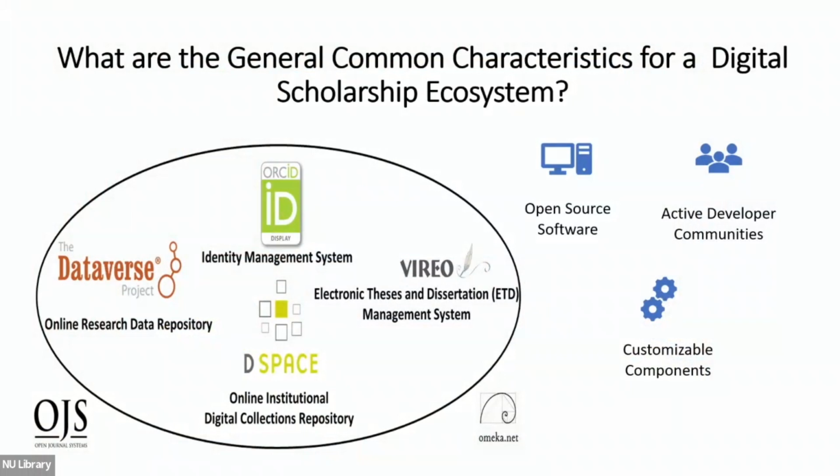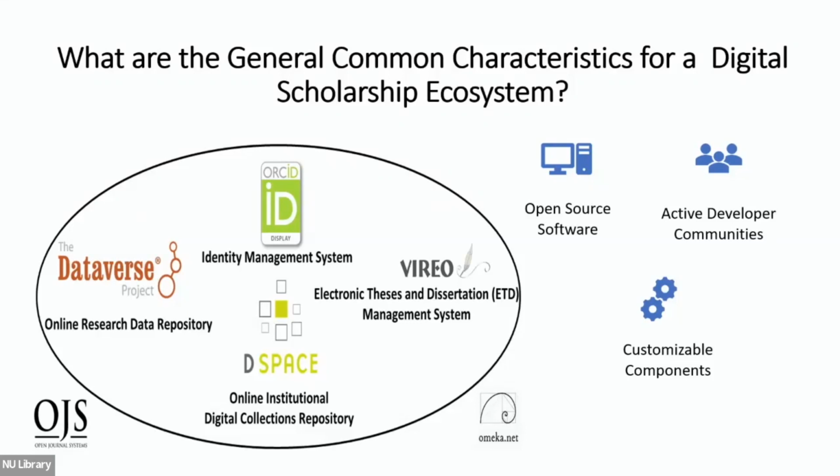Also for these systems, it's important that there's active developer communities. And what that means is that you don't want to put yourself in a position with software that is not going to be quickly updated. You want to get on a train that's moving. It doesn't have to be going very fast, but the train needs to be moving. So you're always checking for these kind of 3 factors.